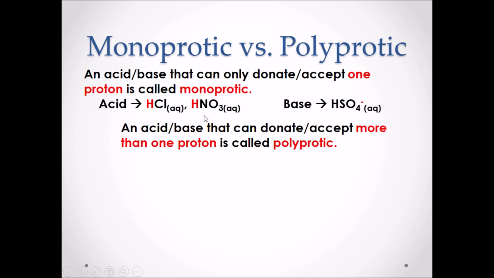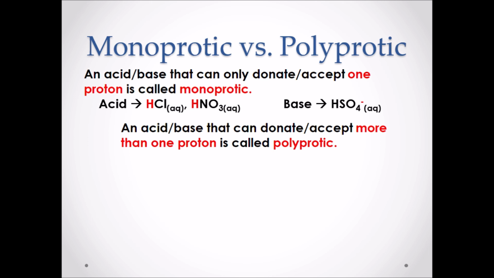Therefore, each can only donate one hydrogen, making both acids monoprotic. The base HSO4- is monoprotic because it can only accept one hydrogen.